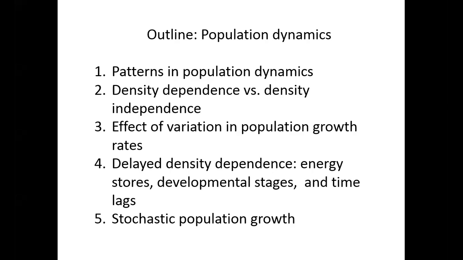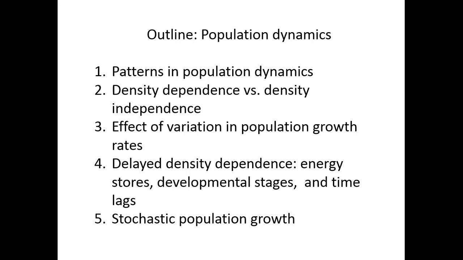We talked about density dependence last time when we talked about going to K. Density independent factors are an important reason why populations fluctuate around their carrying capacities. Then we'll move on to talk about something that is particularly important to discretely growing populations, showing geometric growth, and that's the effect of variation in the growth rate, and how that causes instability in populations.